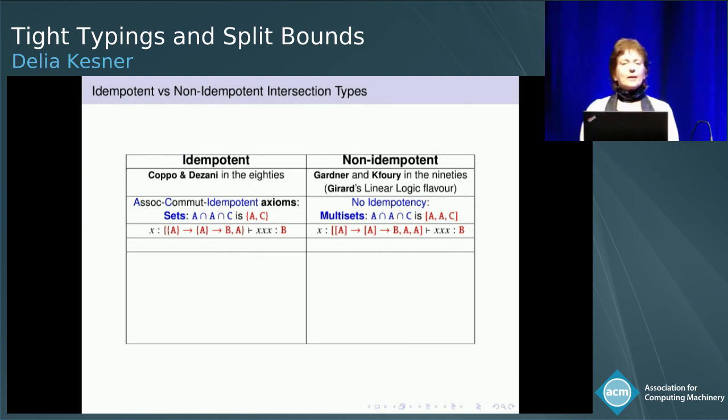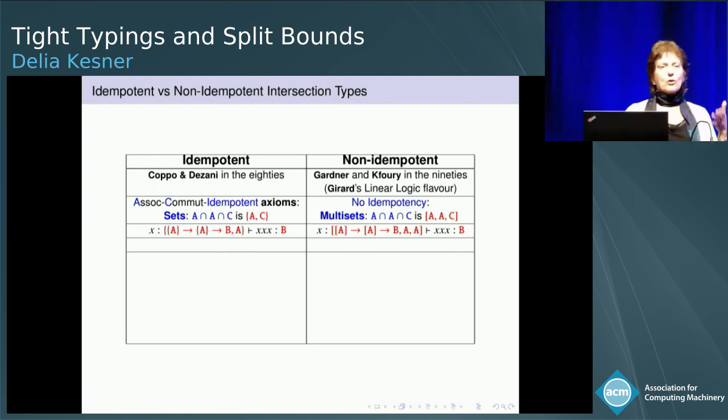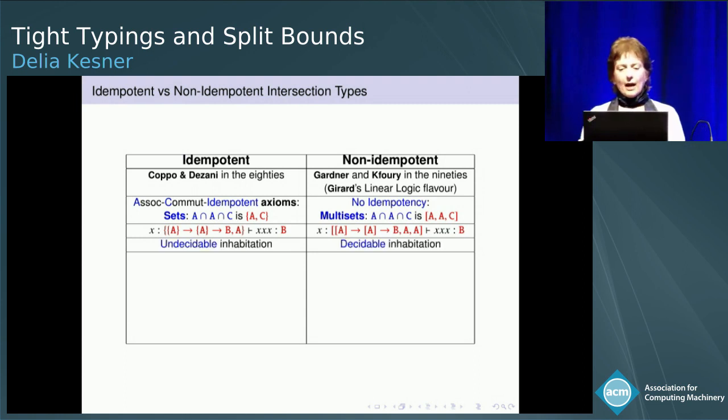In the non-idempotent case, you will type, of course, the left-hand side x with a functional type, but you will need two different occurrences of the type A in order to type the two occurrences of x in the term. That's a very simple example, but it illustrates the main idea of quantitative types.